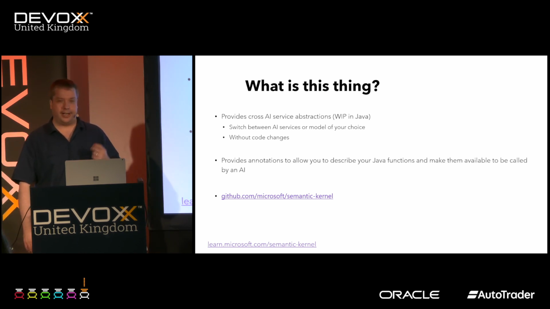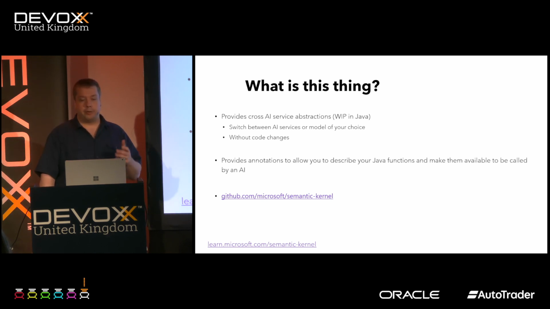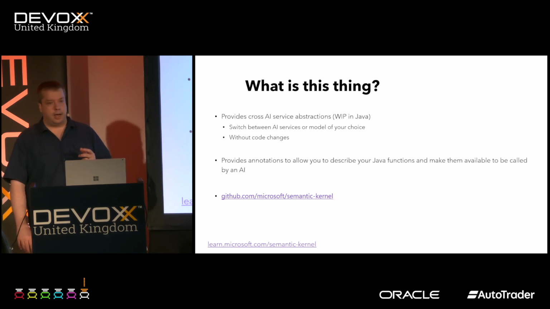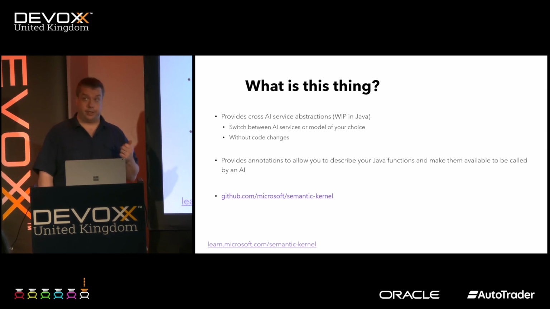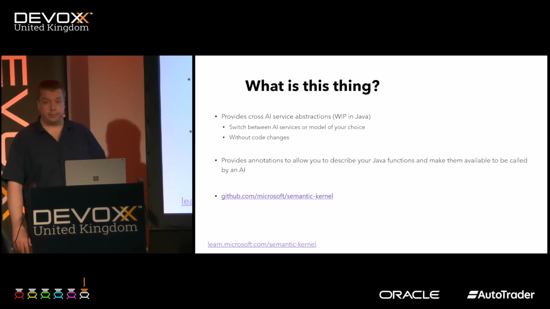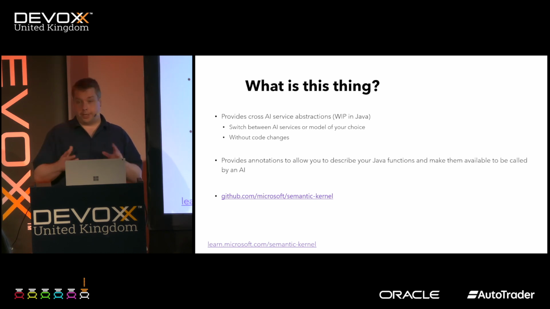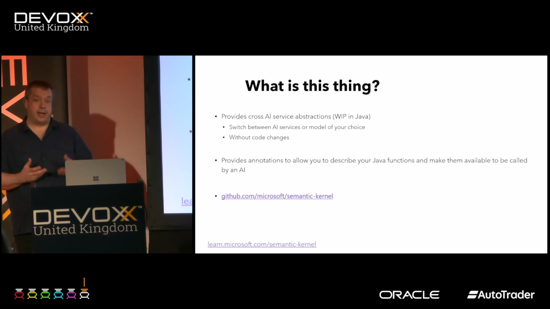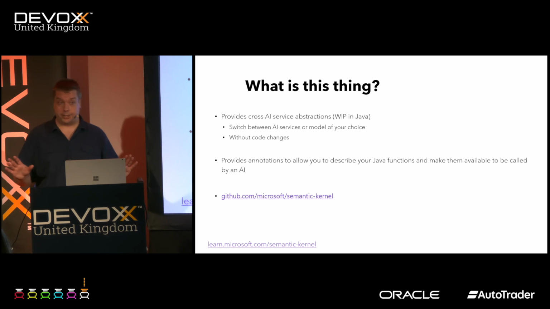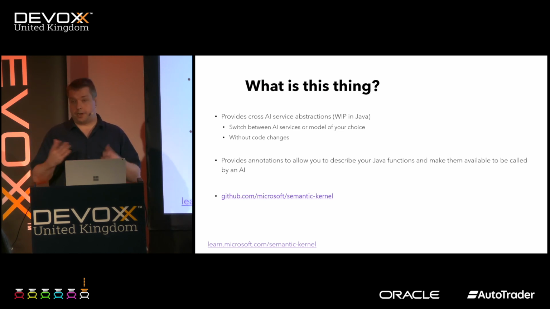It also is cross AI. So at the moment, although we've been primarily focused on OpenAI, we are currently working on Hugging Face integration, I think Mistral and Gemini integration. Ultimately, our goal is that you'll be able to switch out services, mix and match different AI services within a single application, perhaps depending on which is giving you the best results or the best price.